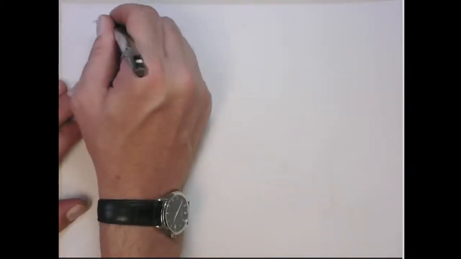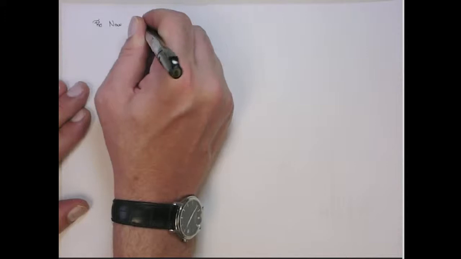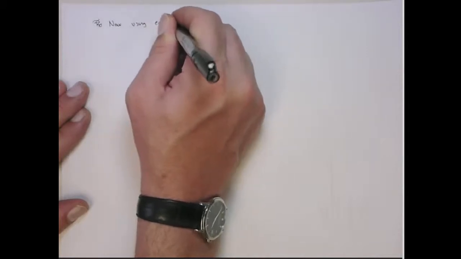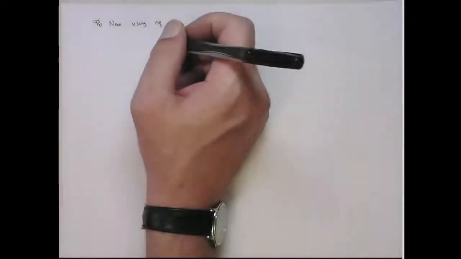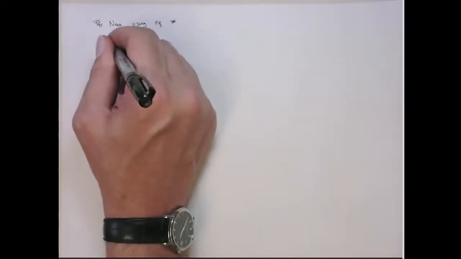So if we want to get it at point A, let's first consider point A, using equation star, where this is equation star. All right, we get that this is point A. I should probably put that little picture back up again.